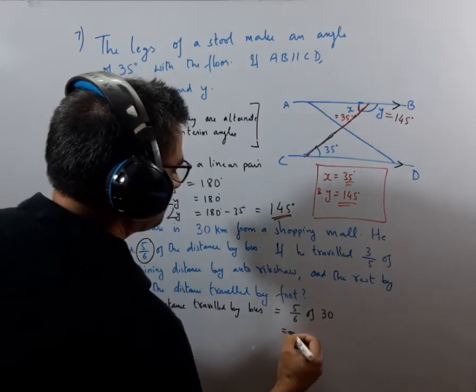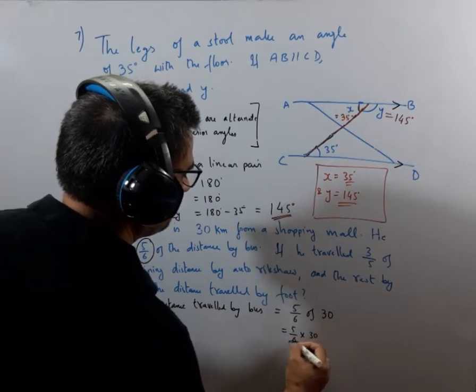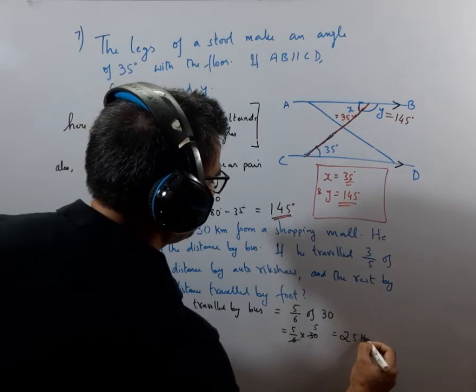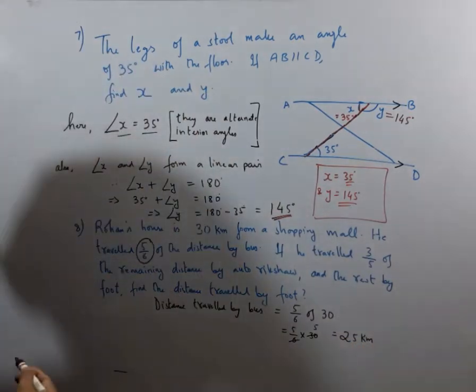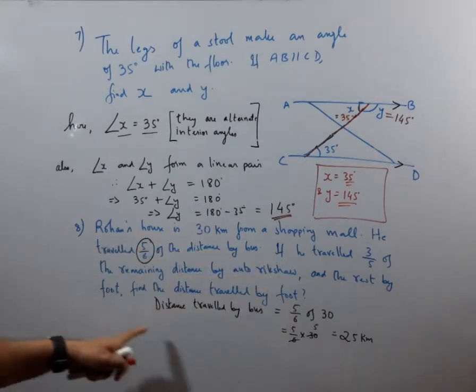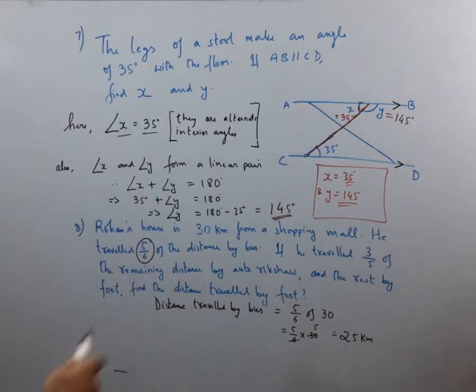So that becomes 5/6 into 30. So this is 25 kilometers. If Rohan travels 5/6 of the distance by bus, then the distance traveled by bus is 25 kilometers.